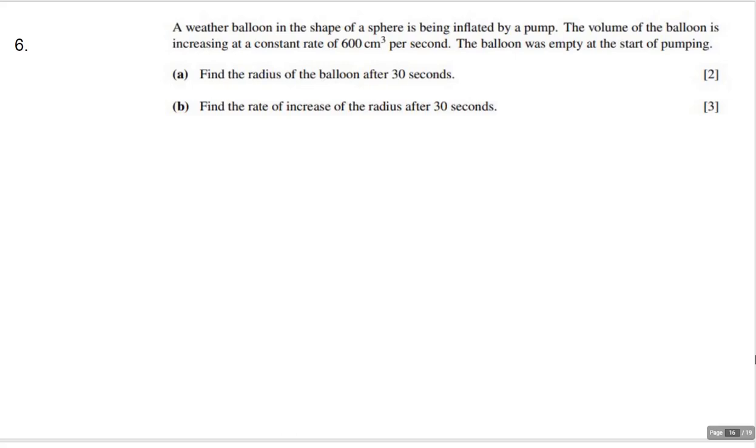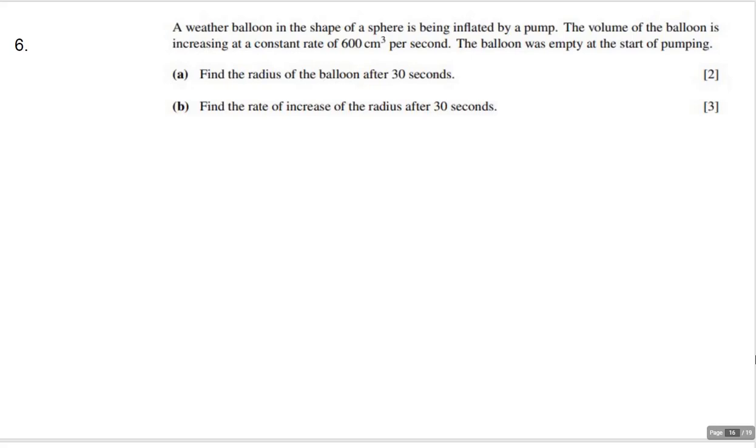Anyway, it says we got this sphere, it's inflated by a pump. The volume of the balloon is increasing at a constant rate of 600 cubic centimeters per second. The balloon is empty when we start pumping. So find the radius of the balloon after 30 seconds. Now think about this.